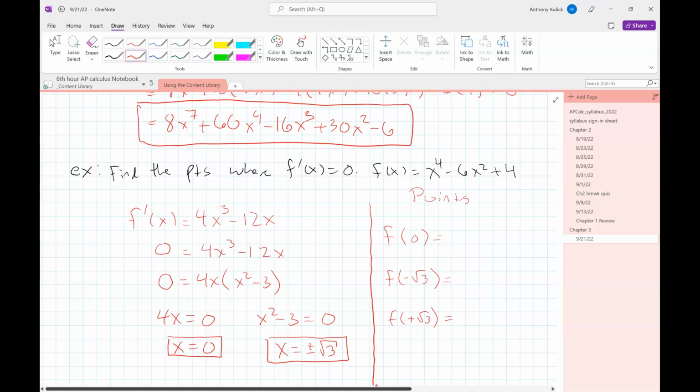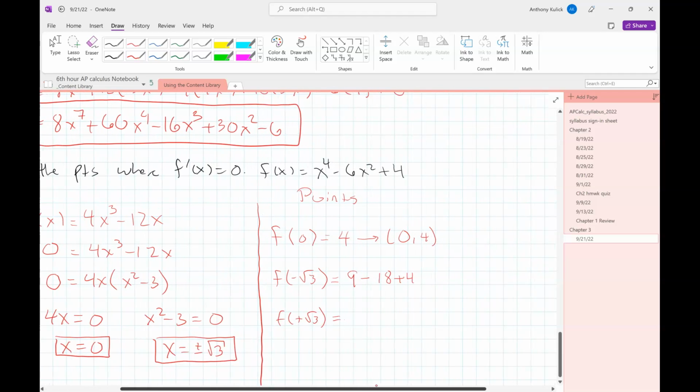So let's see. Here I get 0, that's the point (0, 4). When I plug in root 3, I'm going to get 9 minus 6 times 3 plus 4. So that's negative 5.